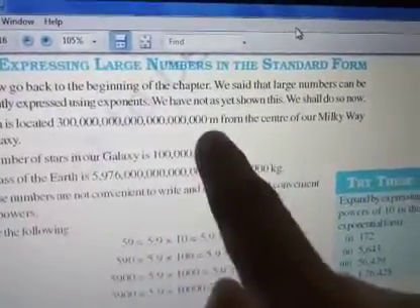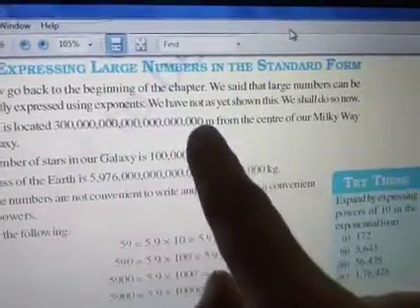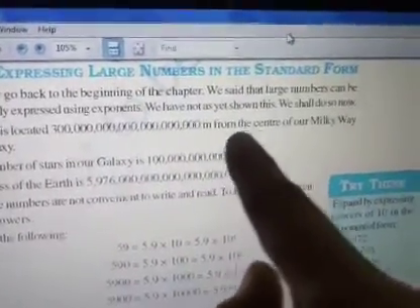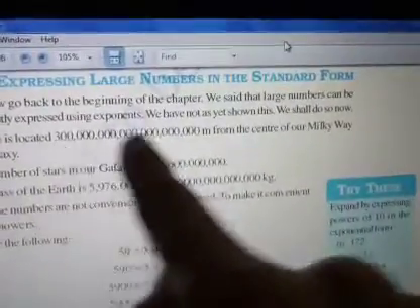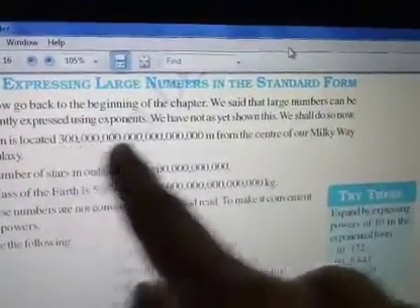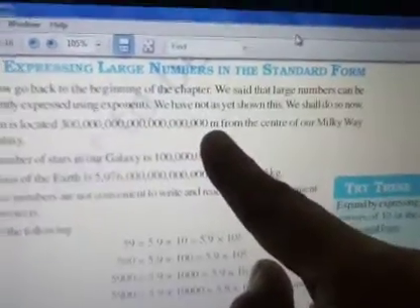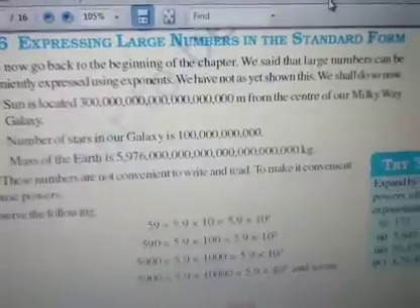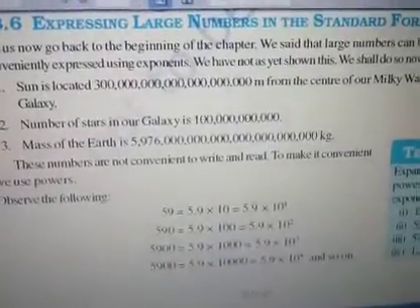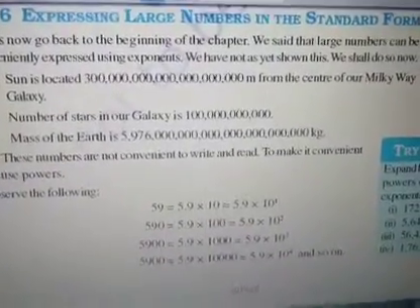See, the sun is located this many meters from the center of our Milky Way galaxy. What a very large number, right? We can't pronounce it. So can we say this word? No. So what we'll do, we will use the exponent and make that into a standard form. So it will be more convenient for us to do the calculation.